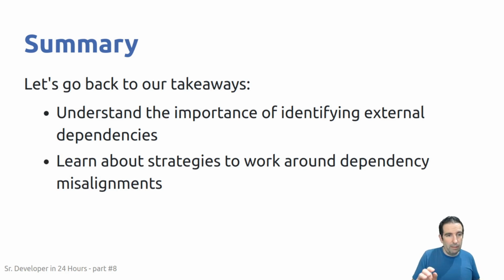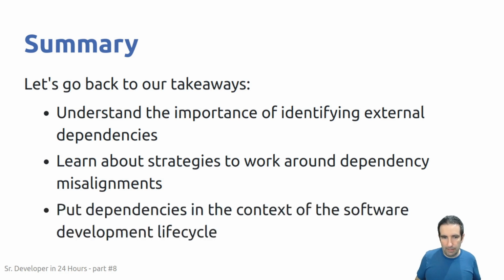Again, we want to learn strategies to be able to work around dependency misalignments. We're going to go into detail in the next video about specific strategies. And we also wanted to put the dependencies in the context of the software development lifecycle. We're going to go into more detail about how the strategies that we're going to talk about fit within this development lifecycle.